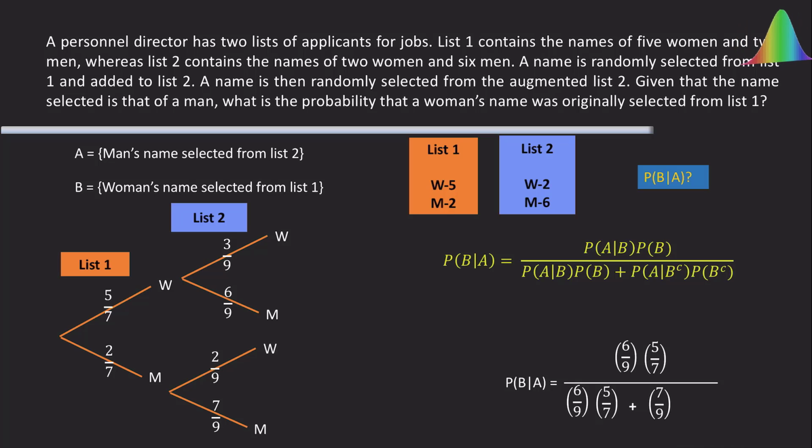B is the woman's name selected from list 1. Then the complement is man's name selected from list 1. That is what? Here you see that it is the selection of the first one. Therefore, 2 over 7. So we can multiply this and add them together, then divide it. So this is 15 over 22.